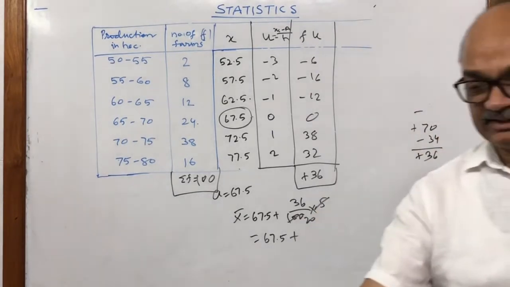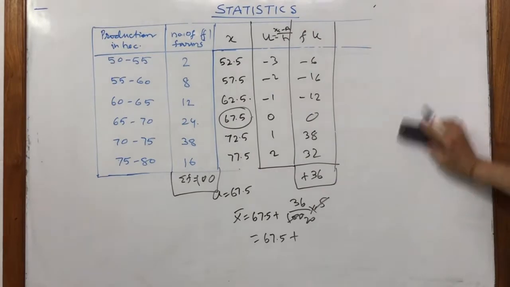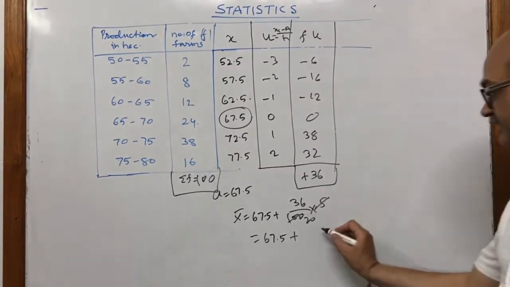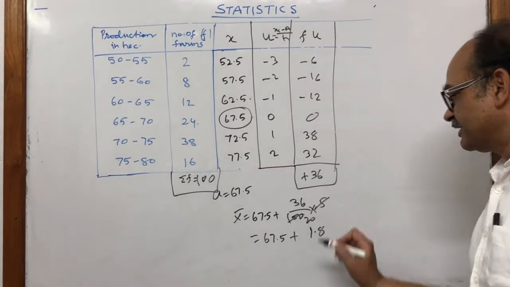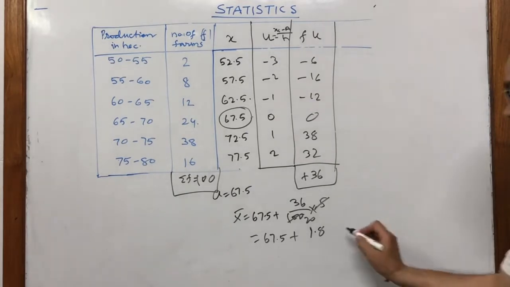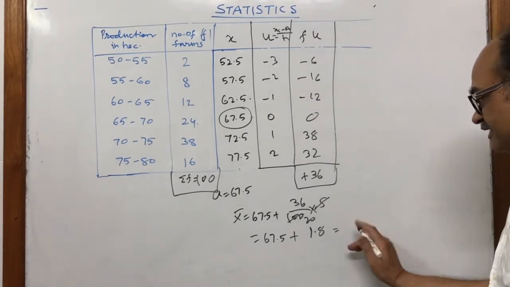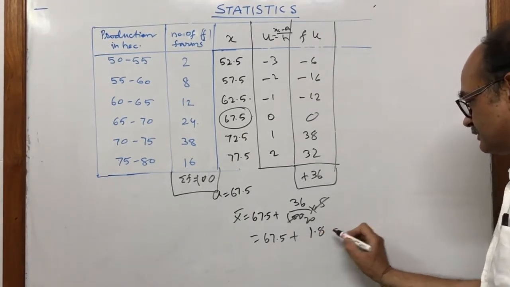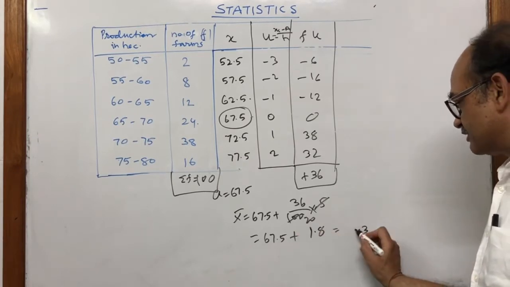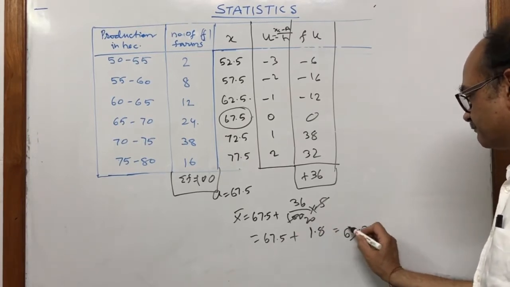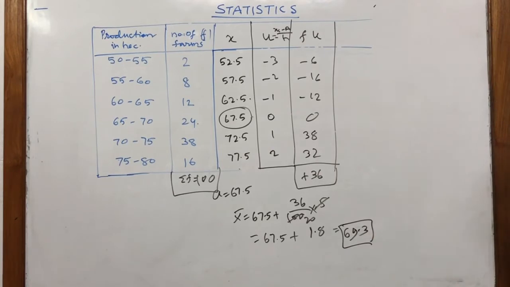Now you have to divide 36 by 20, that is 18 by 10, and 18 by 10 is nothing but 1.8. Add these two, what we are getting, that is the final answer. 69.3 will be the final answer for this mean.